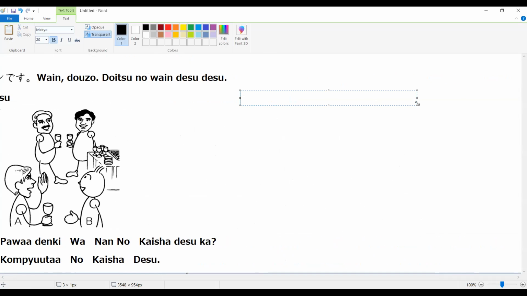Ja, Pamela-san, Jollibee wa nan no kaisha desu ka? Pamela, Sensei. Food, food industry. So it will become, how do you say that in Japanese?